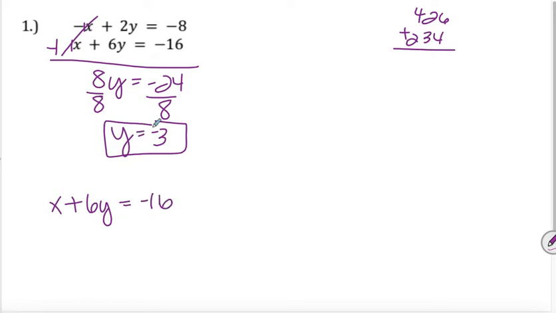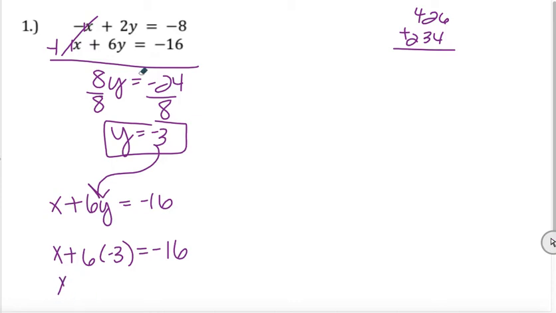I need to take this y equals negative 3, and I need to plug it in for the y. So I'm going to get x plus 6 times negative 3, we always plug in with parentheses, equals negative 16. And so now 6 times negative 3 is negative 18. So x, oh, I wrote an equal sign instead of a plus sign.